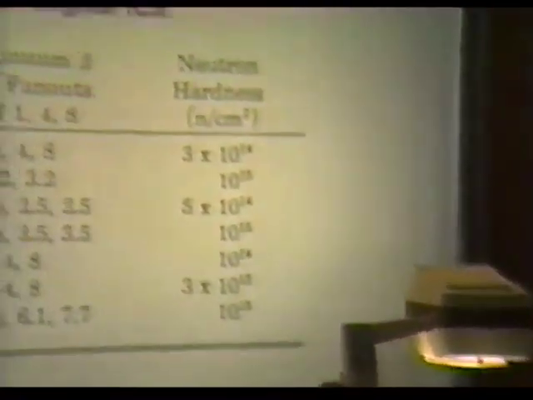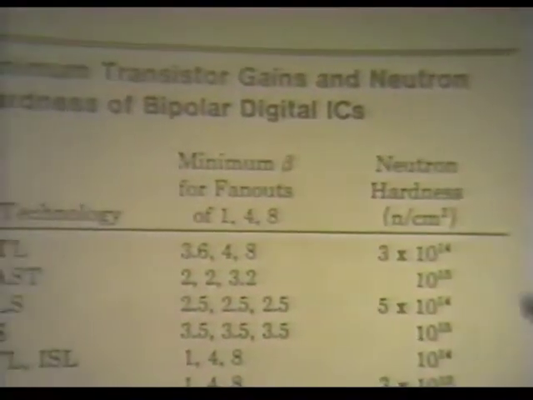Basically, the different types of devices have to be built differently, so their sensitivity to neutrons is greater or smaller. And I'm going to throw up a few different types here, some of which you've heard of, I know, to show you that depending on how a device has to be built, you have a different neutron tolerance.